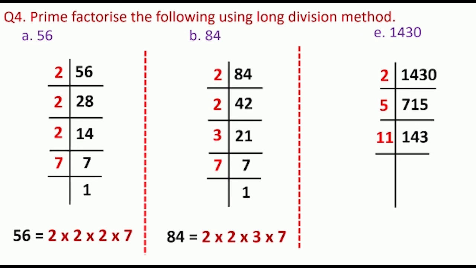Now this 143 will be divided by only 11. I have already taught you the divisibility rule, children. You have to use this divisibility rule here. So when you use the divisibility rule, you will find that 143 can be divided by 11. Okay. So when 143 is divided by 11, you will get 13.